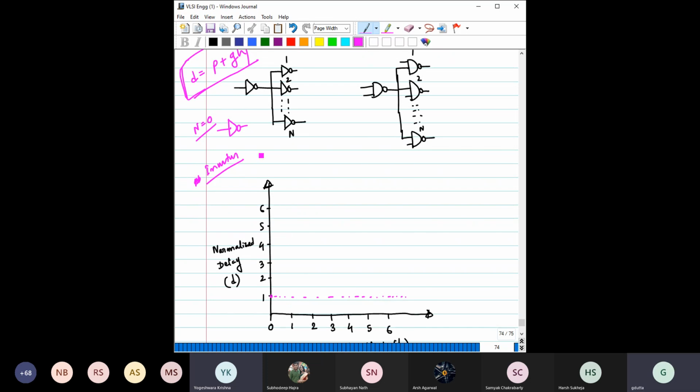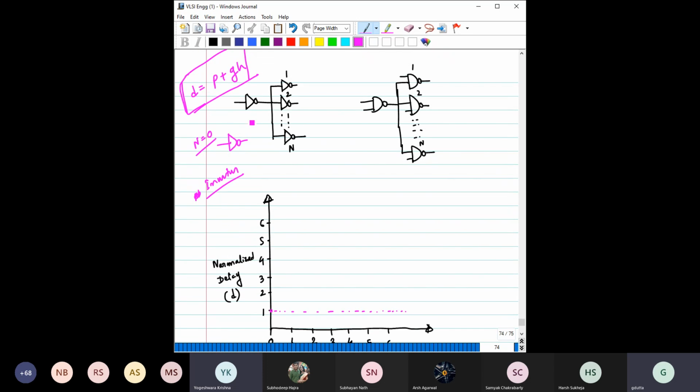Right. Okay. Now, what will be the delay when n becomes equal to 1? So n equal to 1 means basically h is also equal to 1. I hope you can recall that h is equal to C out by C in. So here C out and C in become equal, so that makes h equal to 1.